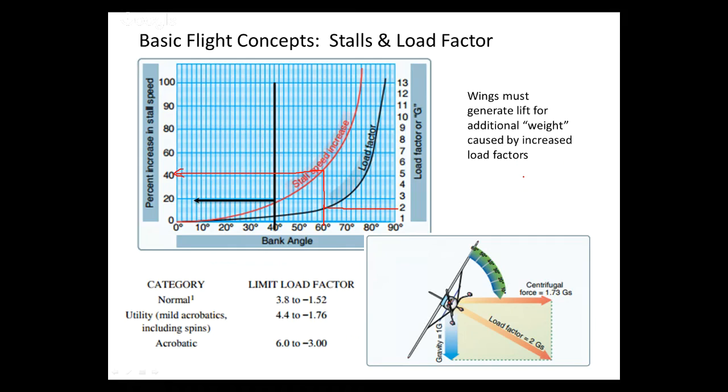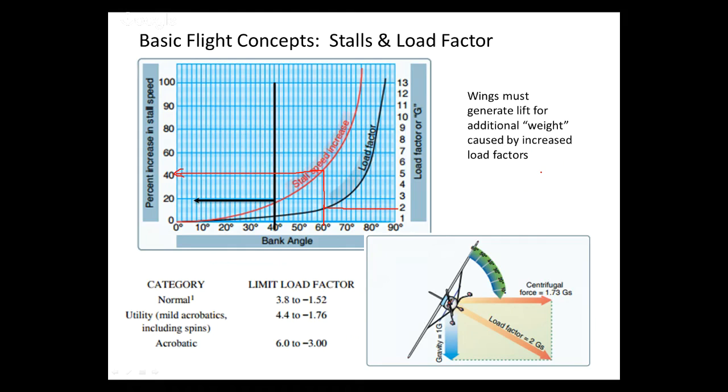Your wings could stop producing lift and you could fall out of the sky. Oof. That's why I've never been in an airliner that's done a 60-degree turn. That's pretty aggressive. Typically, you're between 0 and 20 degrees.